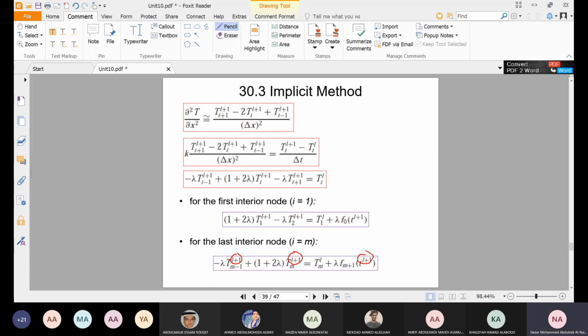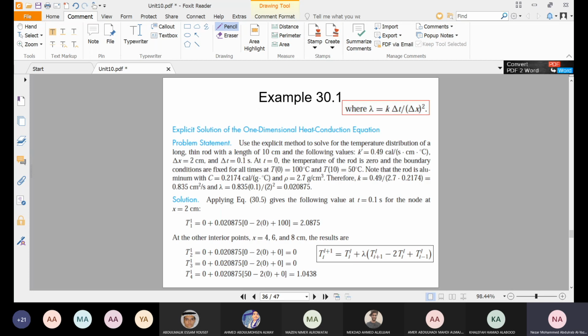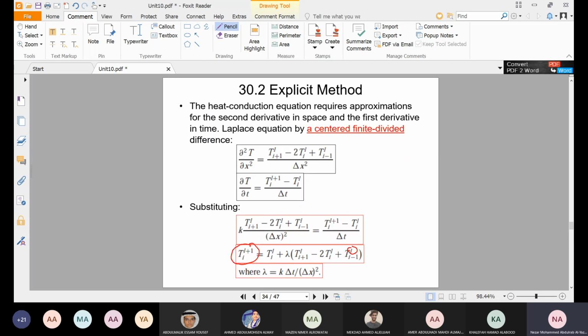This will be clear here for the second derivative: we use the temperature at I+1 to compute the second derivative in terms of space, while in the explicit method we compute the derivative in terms of the current time, not the next time.